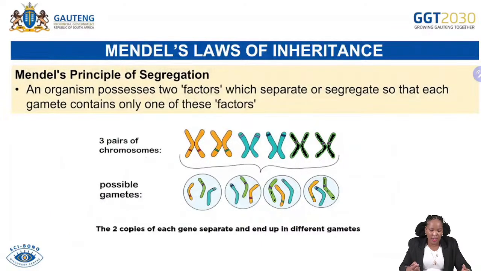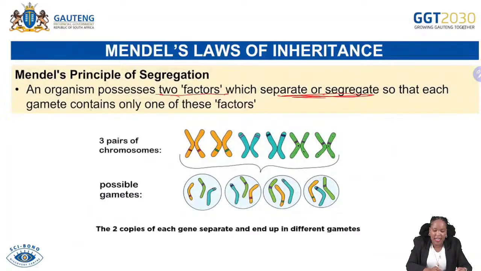The second law is Mendel's principle of segregation. What does this mean? An organism possesses two factors which separate or segregate so that each gamete contains only one of these factors. Now, let us take a look at these chromosomes that we have here. We have 3 pairs of chromosomes, the orange ones, the blue ones, and the green ones.